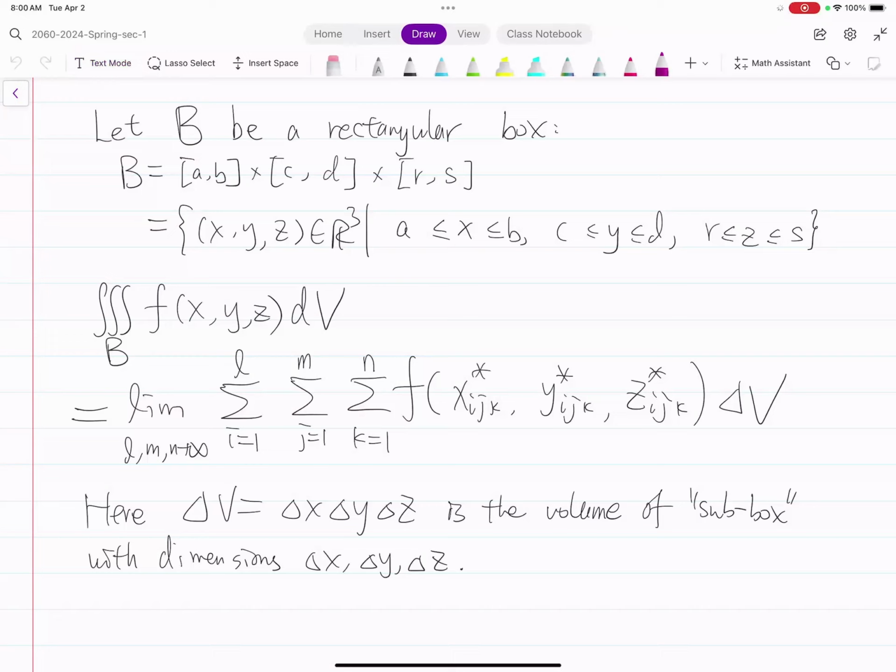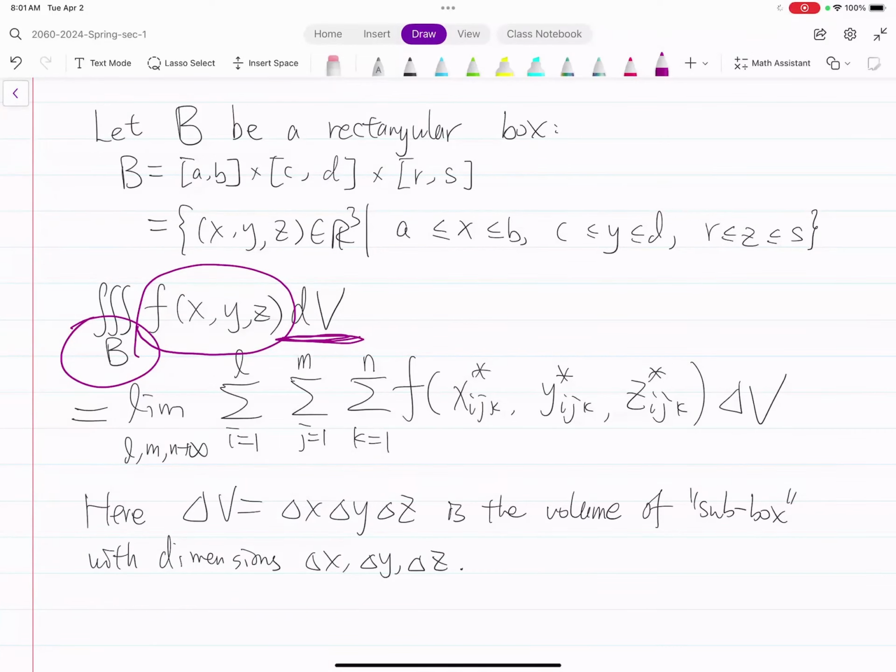Basically, we have fixed intervals in terms of x, y, z. And then we utilize the Riemann sums to define the way that we calculate the triple integral. So basically, it's the triple integral over a region B, which is accumulating the function value f of x, y, z, multiplying by the way that you subdivide that solid B.